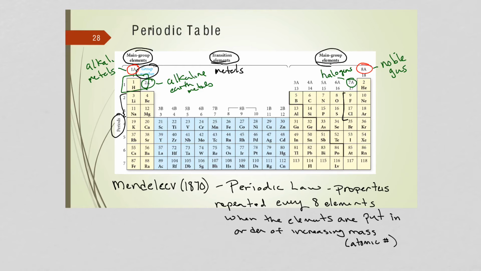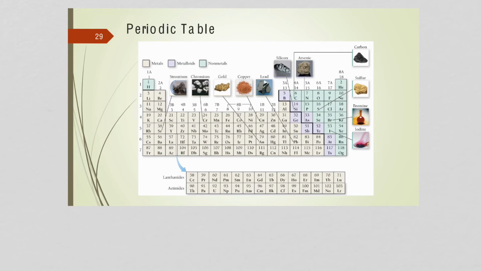So as we start to get a feel for navigating the periodic table, we're going to look at one specific way that we can group the elements based on a specific property. And we're going to look at metallic characteristics.